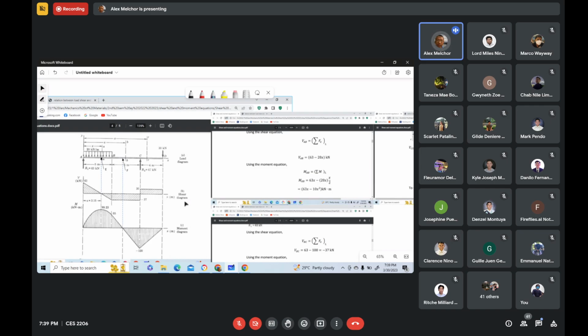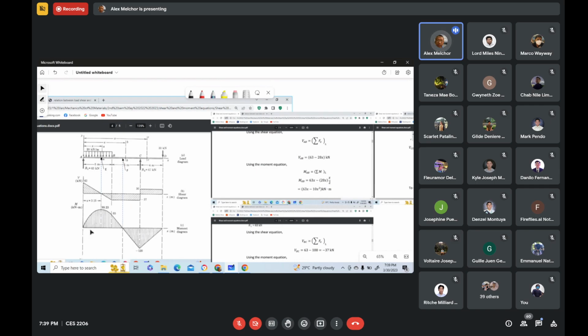So we write here shear diagram, and then we write here V for shear, and enclose in parentheses the unit, kilonewtons. So we don't need to write the units after these values.